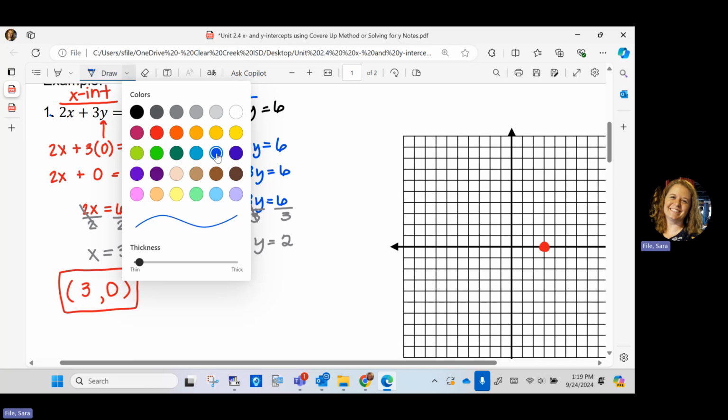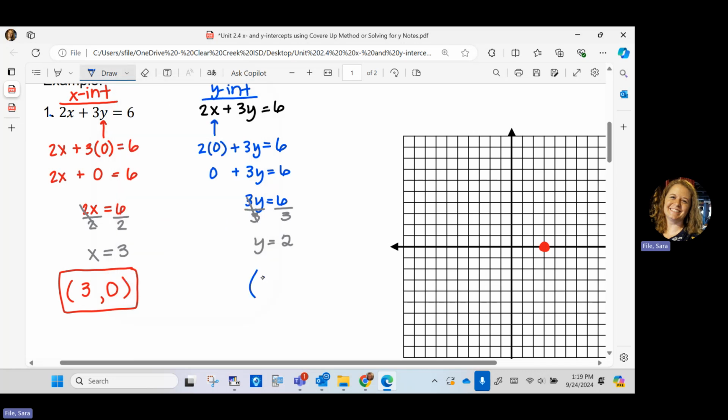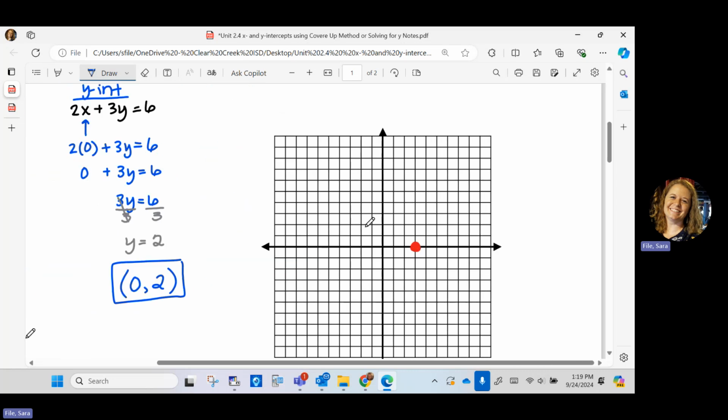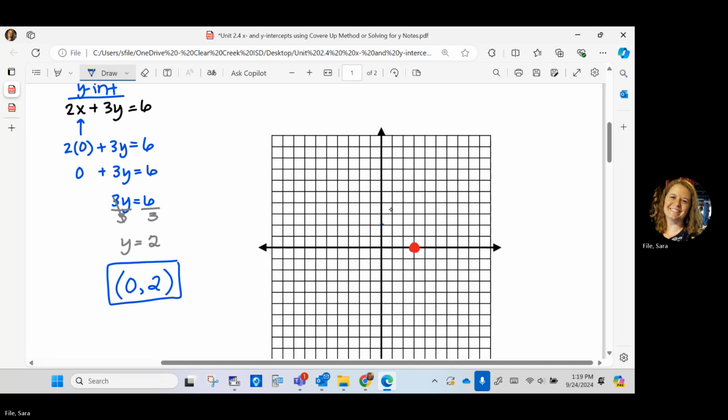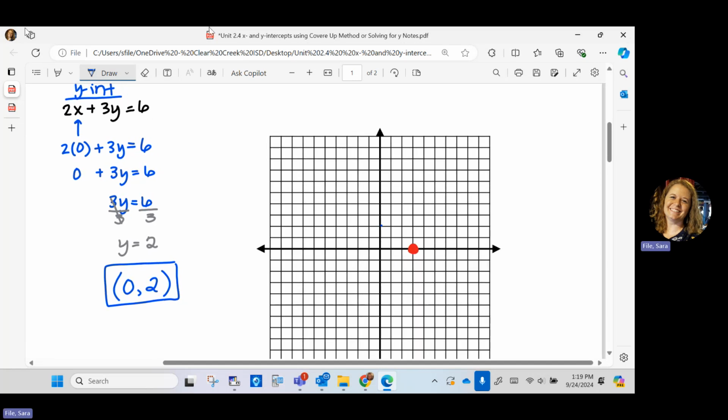So that means my y-intercept happens when x is 0. Remember, I plugged a 0 in for x, and the y is 2. So I can plot that on my graph at (0, 2). That means from the origin, I go over 0, up 2.